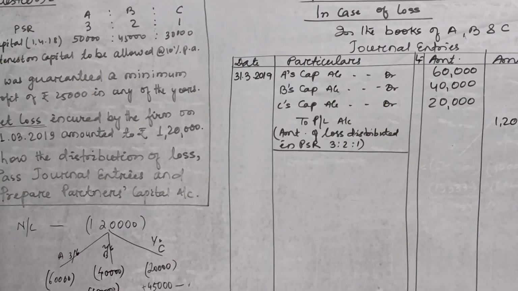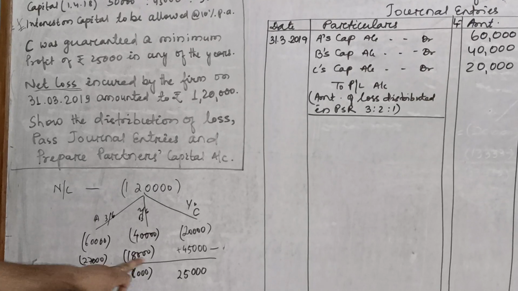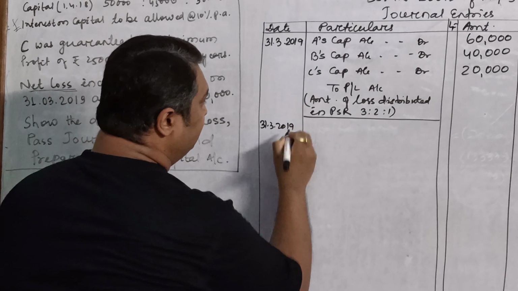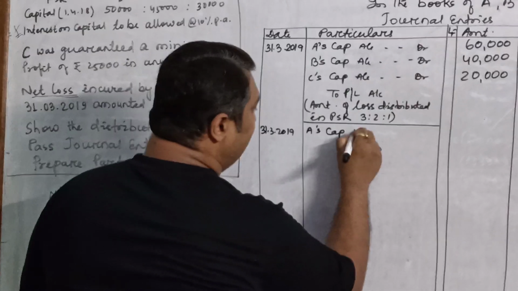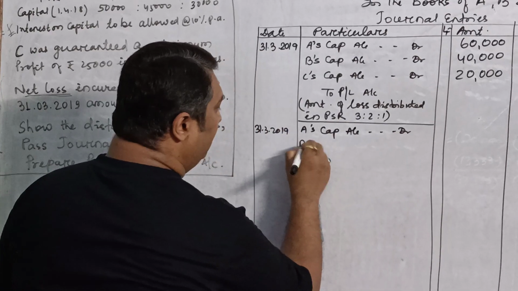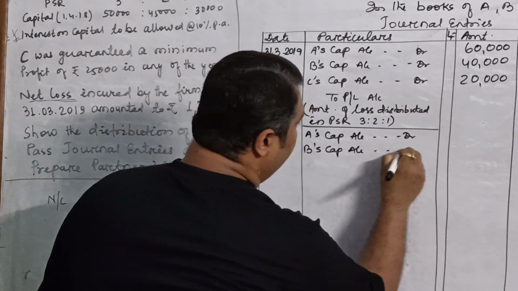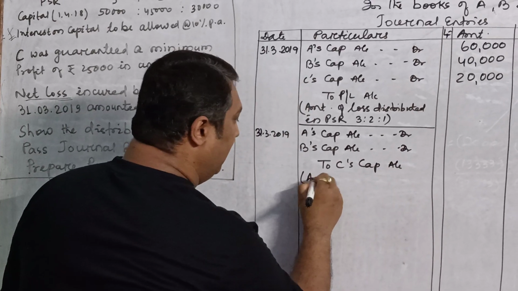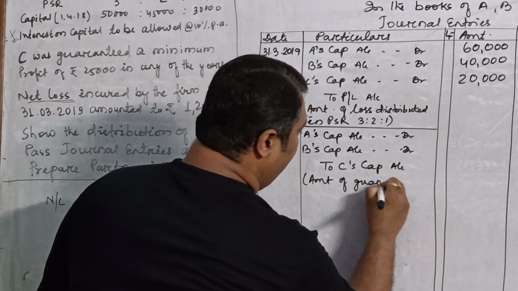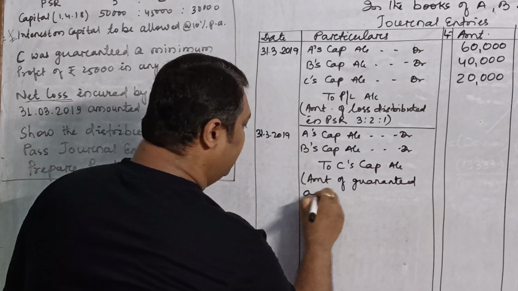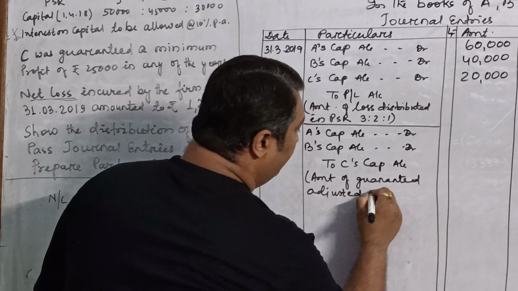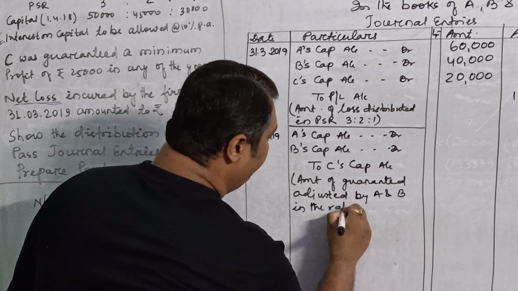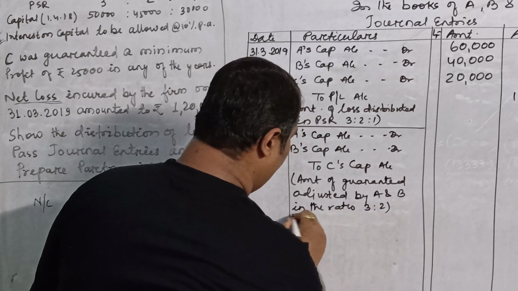Now we will pass the entry for the compensation. Over here A and B are paying to C. So on this date we will pass the entry: A's capital account debit, B's capital account debit, to C's capital account, since C is getting the amount of guarantee adjusted by A and B in the ratio 3:2.